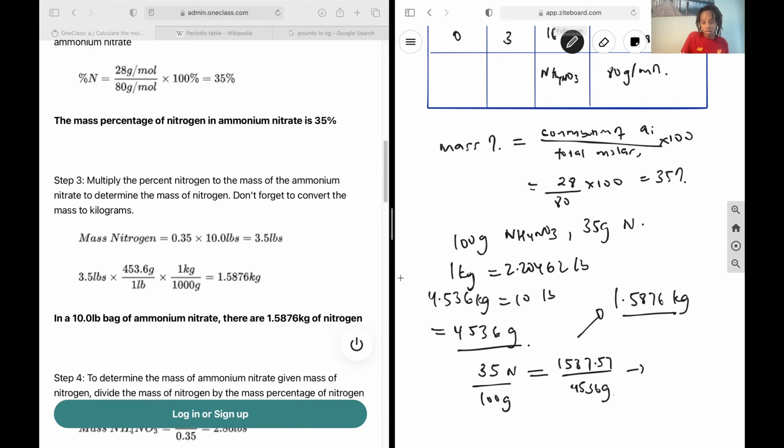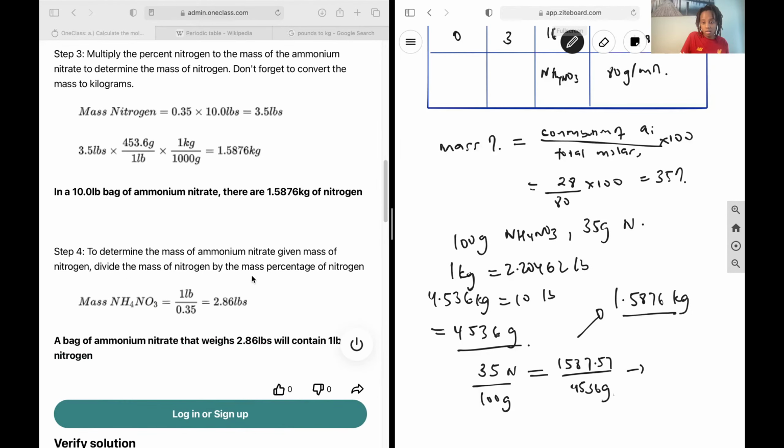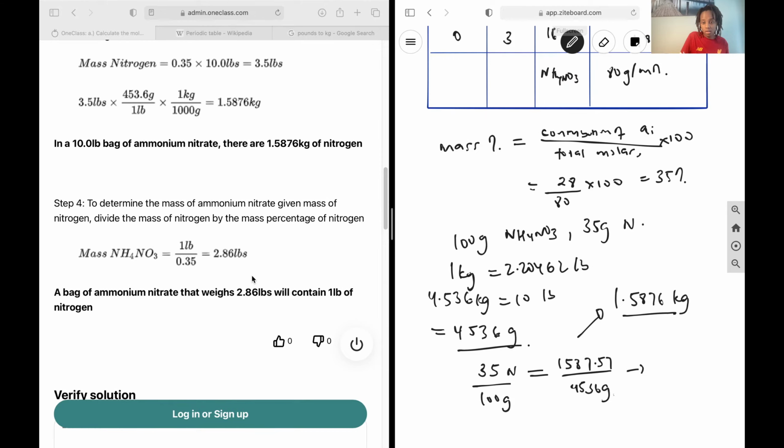There's a bit of rounding error just because of decimals dropped. But yeah, and so in 10 pounds of ammonium nitrate, we have 1.59 kilograms of nitrogen.